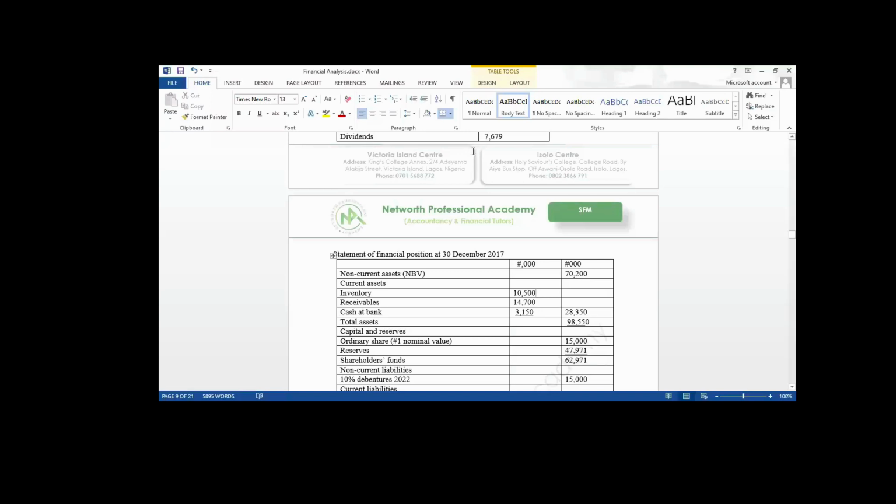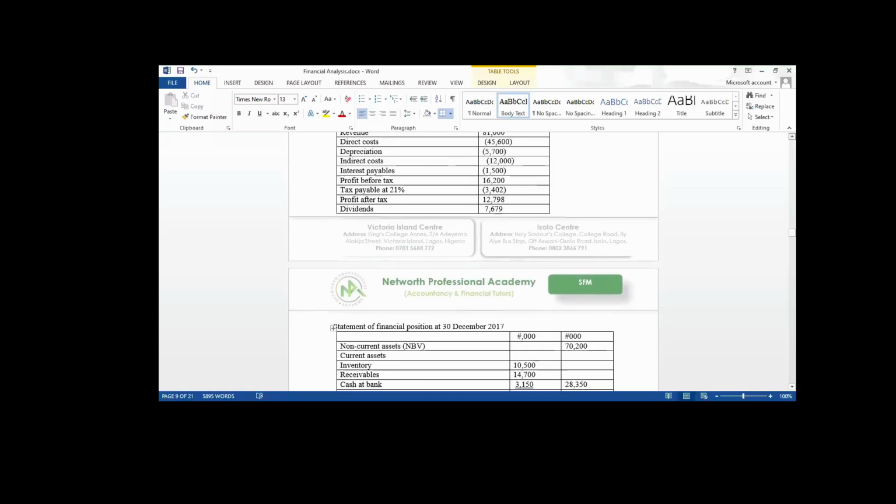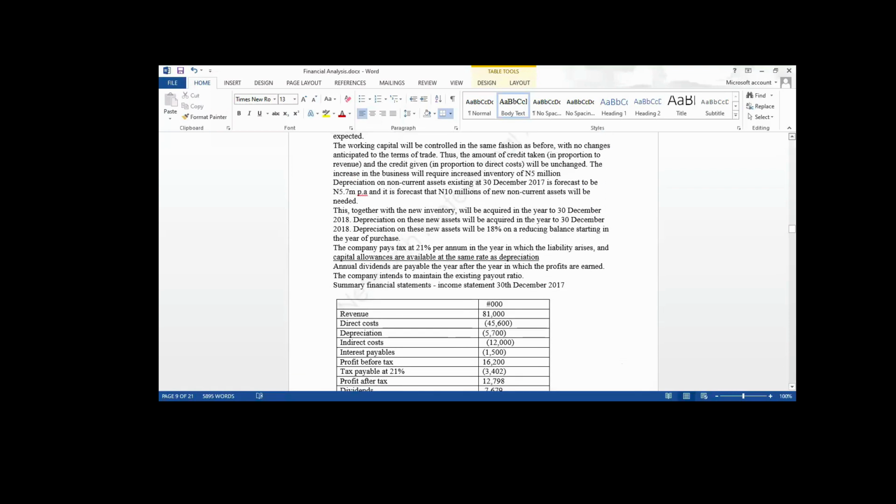Okay, let's go back to that note then. Look at the note. We have treated this aspect. Please look at the highlighted: amount of credit taken in proportion to revenue.